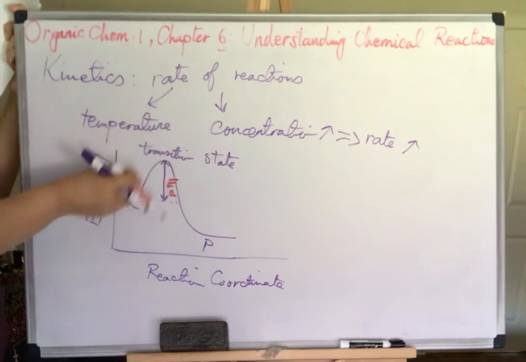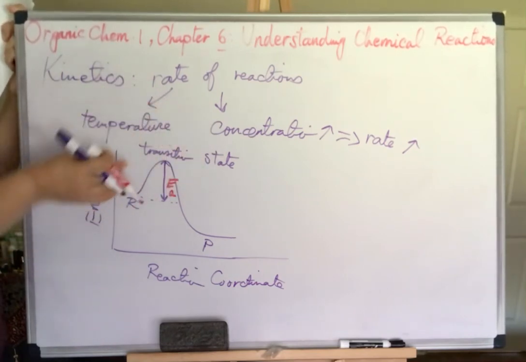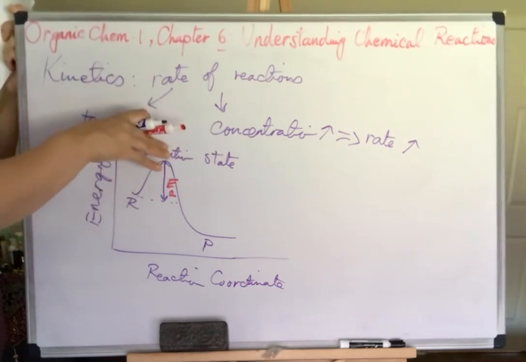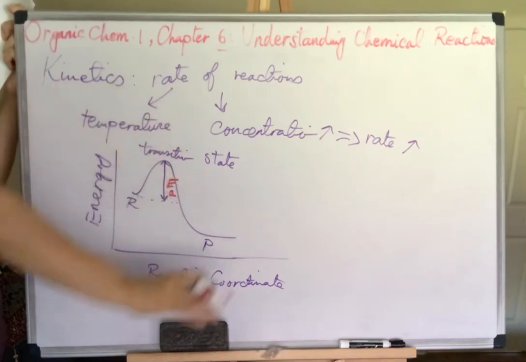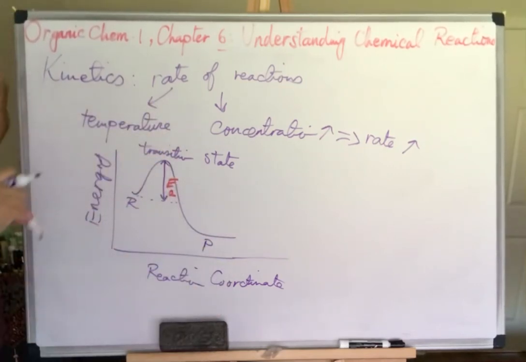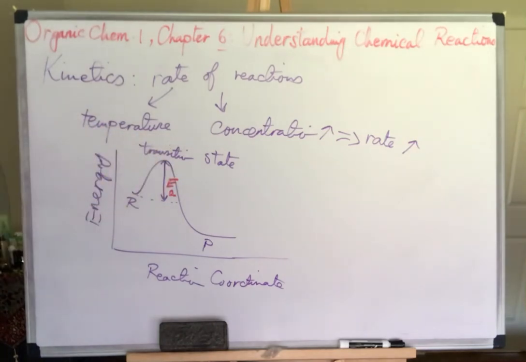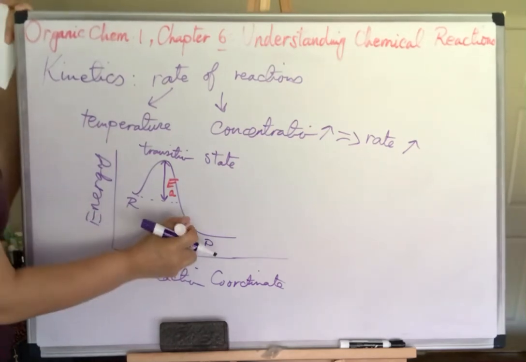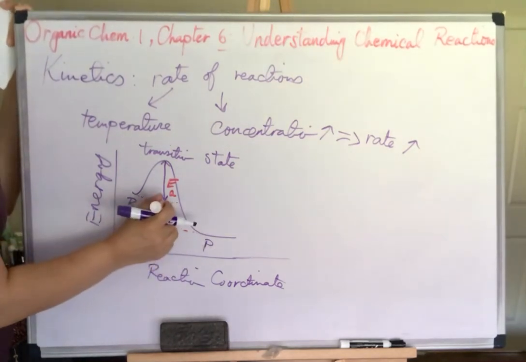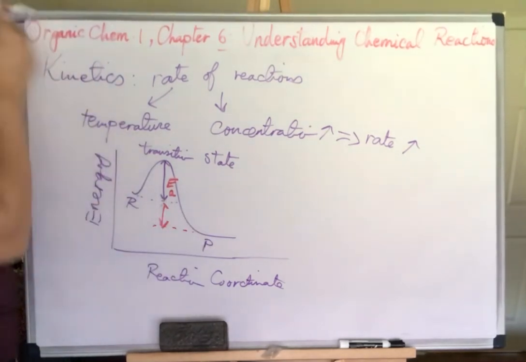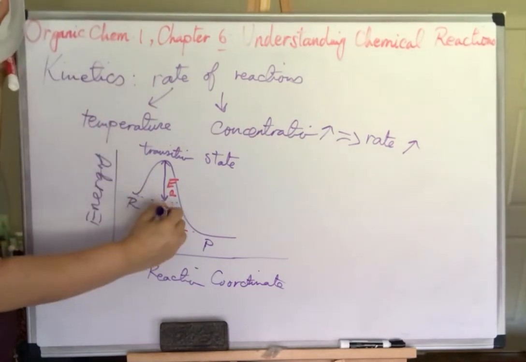So this is the difficulty, just like climbing a hill. As soon as you get to the top of the hill, going down is easier, right? The distance between reactant and products is called delta H of reaction.